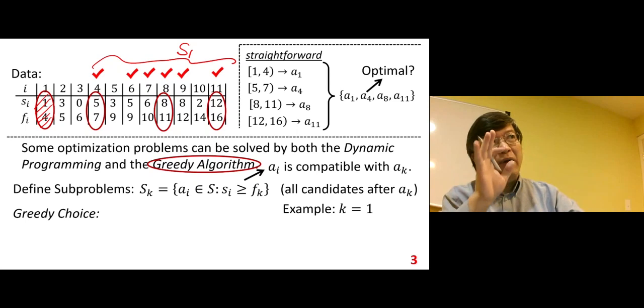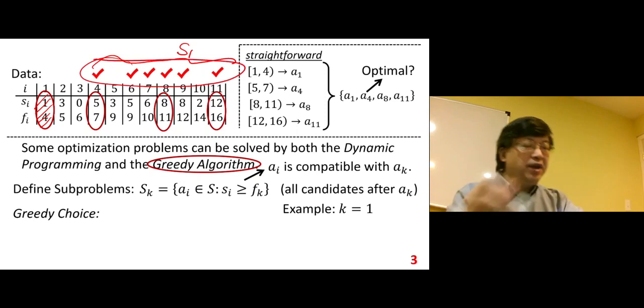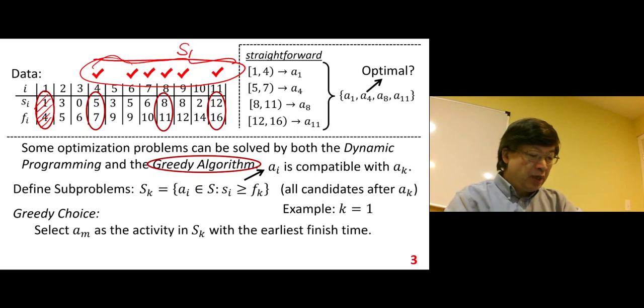Greedy choice. Now, based on our algorithm, we make our greedy choice among these activities. How do we make that greedy choice? Select Am as the activity in Sk with the earliest finish time.